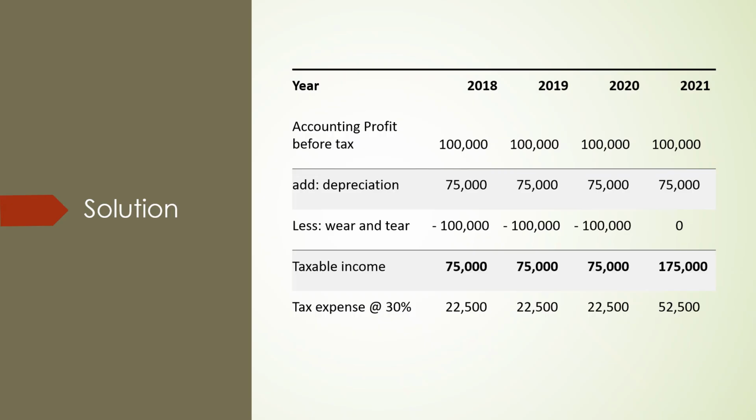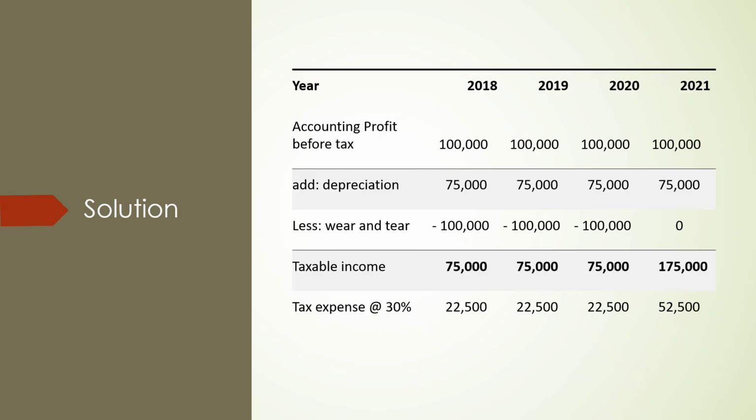The next step is to determine the taxable income. Taxable income is determined by converting accounting profit to taxable profit. To do this, we adjust the accounting profit before tax with items that the tax authorities do not allow.